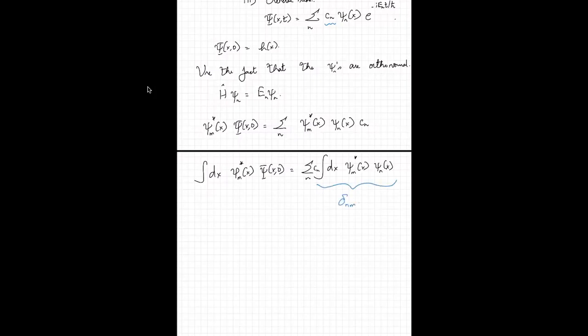This is equal to 0 if n is not equal to m, and equal to 1 if n equals m. So ultimately, the right hand side, which is a sum over all different Cn's, boils down to one particular value, which is n equals m. So you get the nice equation that the expansion coefficients are given by the integral dx psi of x comma 0 psi m star of x.